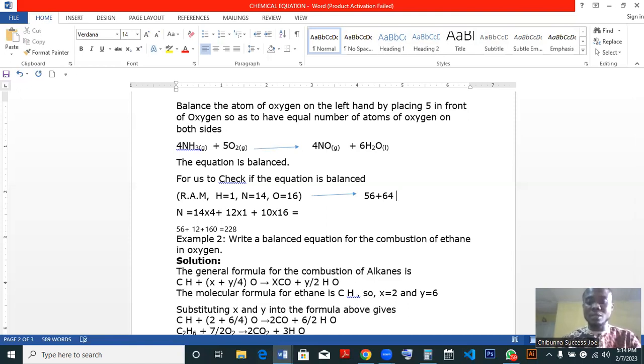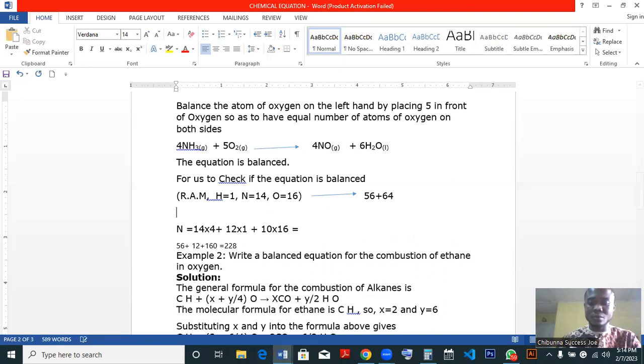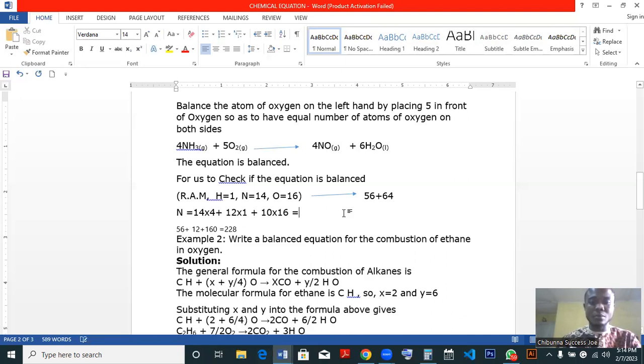So this will give us 120. So we have 120, plus this hydrogen is 12.